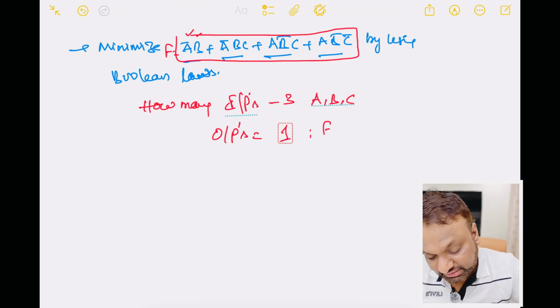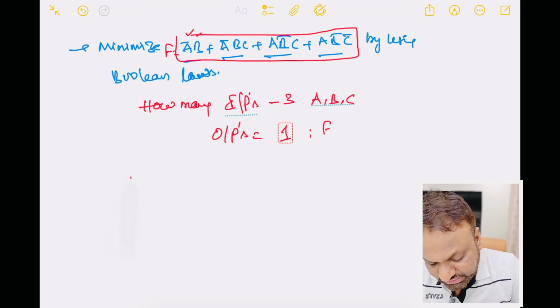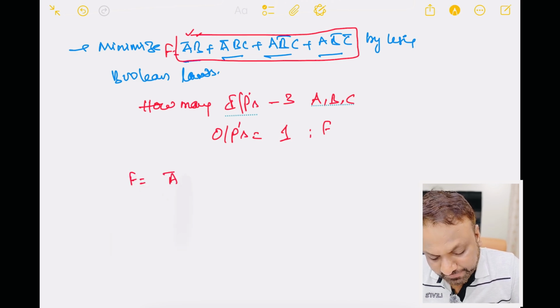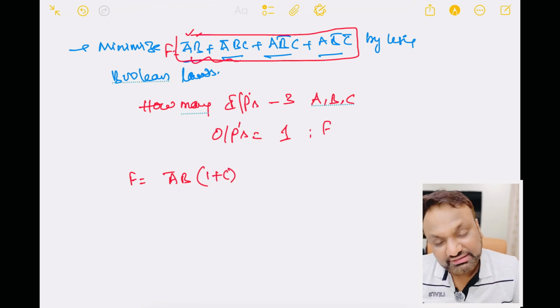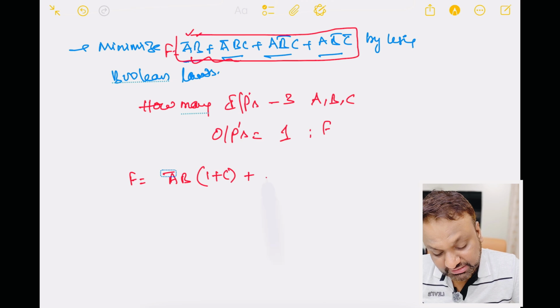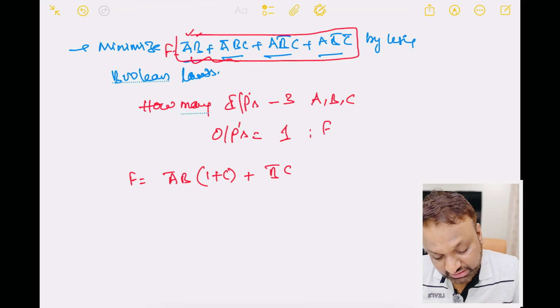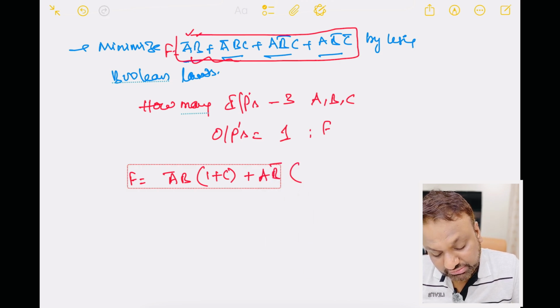Now see here, F is equal to A bar B. I will take the first 2 terms with A bar B as common, which leaves 1 plus C. In the next terms, A B bar is common, so I will take it out, leaving C plus C bar.